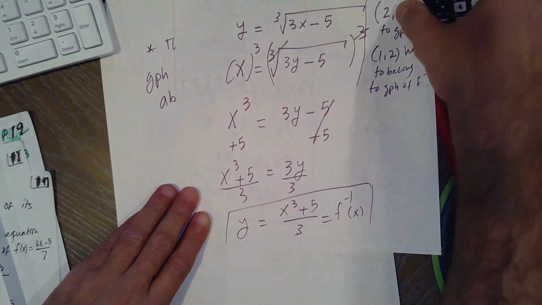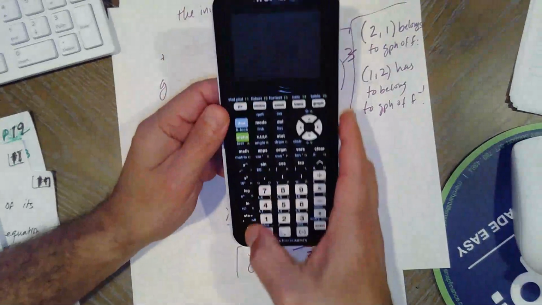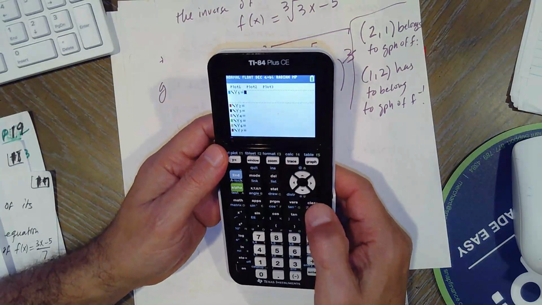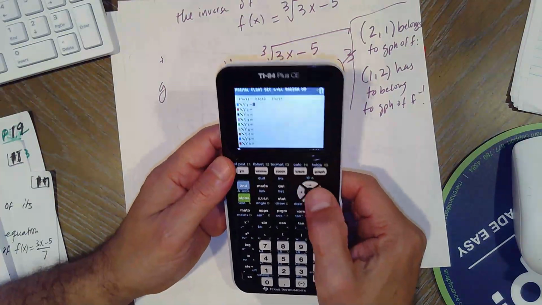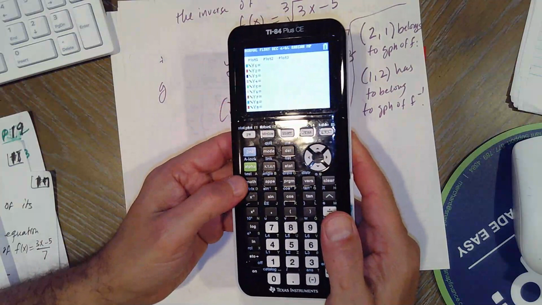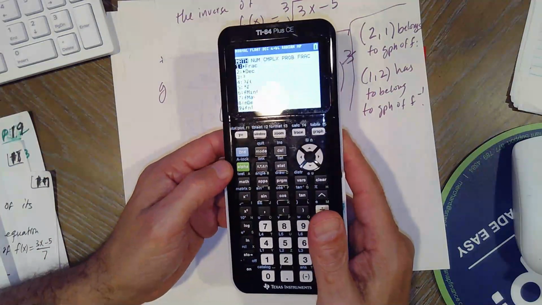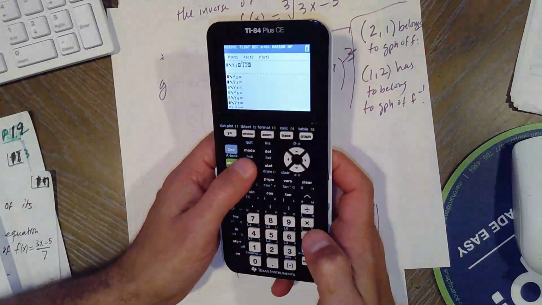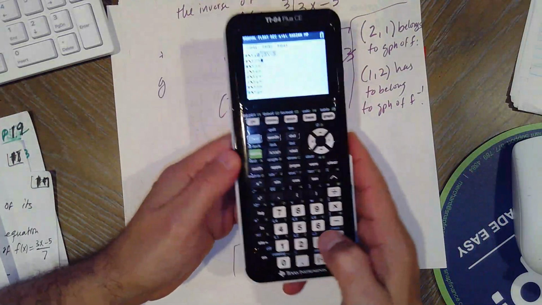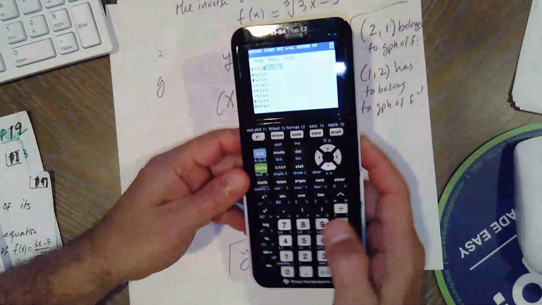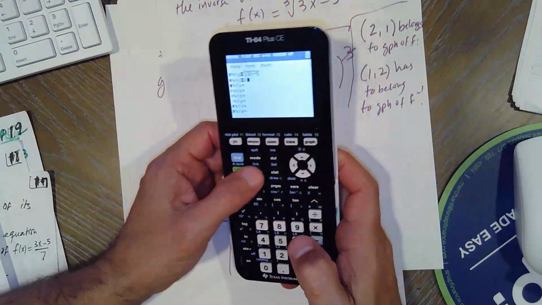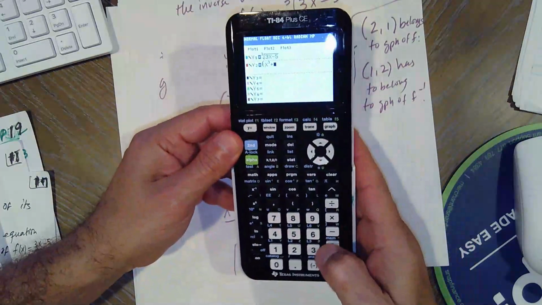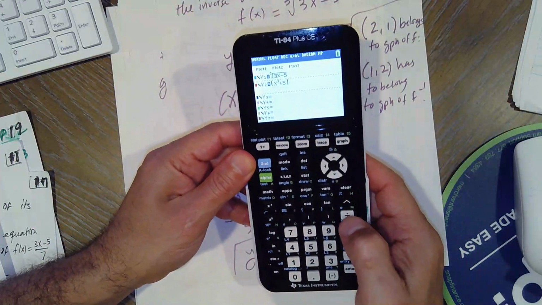I'm going to graph both of them on my graphing calculator. f of x is, so we're going to go to y equals, and do the cube root. In case you don't know, it's under Math, number 4, the cube root of 3x minus 5. And then y2, which is the inverse, is between parentheses x cubed plus 5, right parenthesis, over 3.